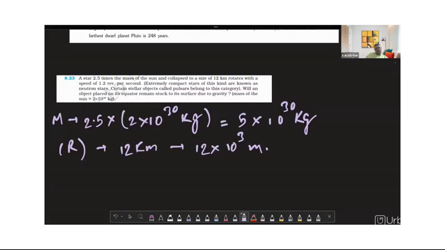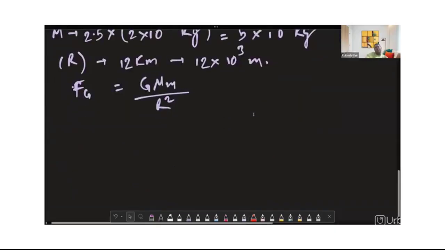So the gravitational force is G m M upon R squared. All will be part of the derivations, which will be dealt with in the classes.